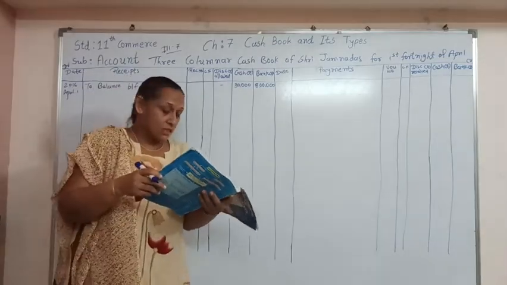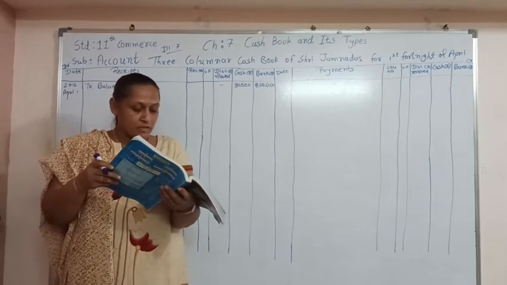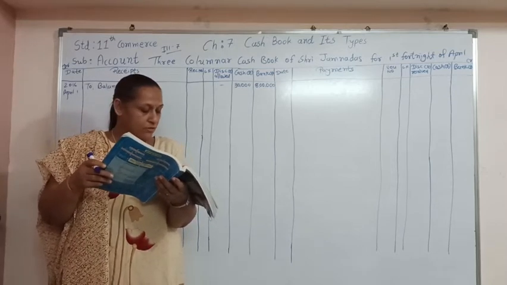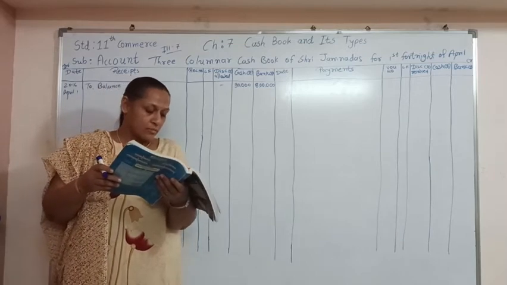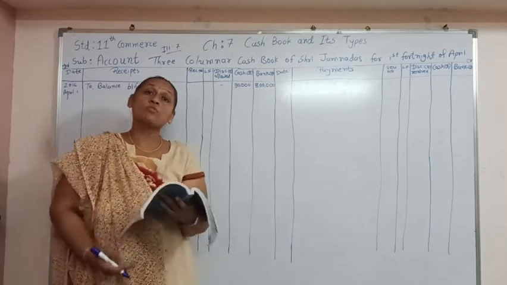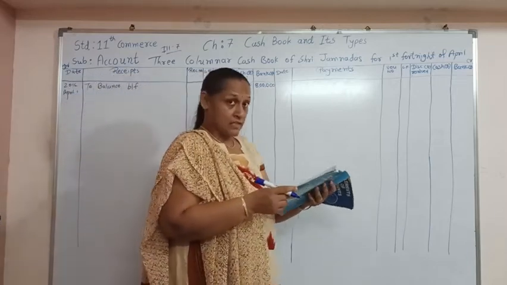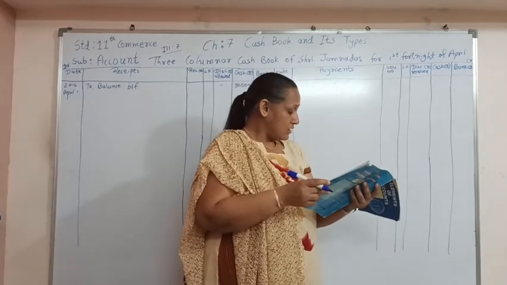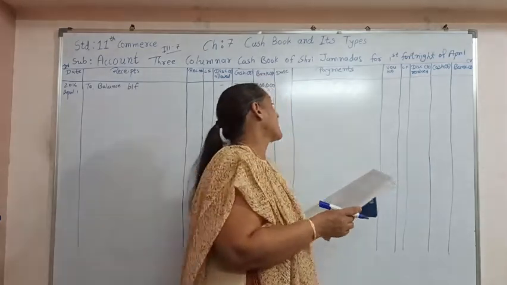Now on third date, goods of rupees 3 lakh purchased from Nilesh at 2% cash discount and amount paid by RTGS. RTGS charges are 30 rupees. Bank has debited the amount. So we have purchased the goods from Nilesh and paid through RTGS. Our cash discount is 2%. 2% of 3 lakh will be 6,000.